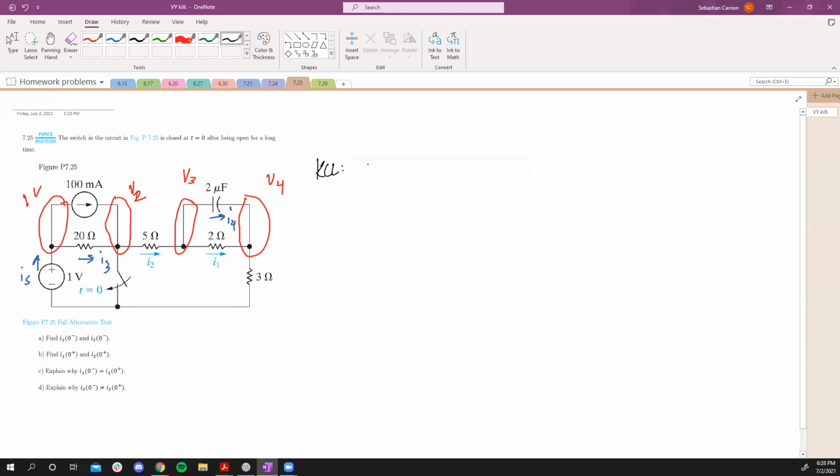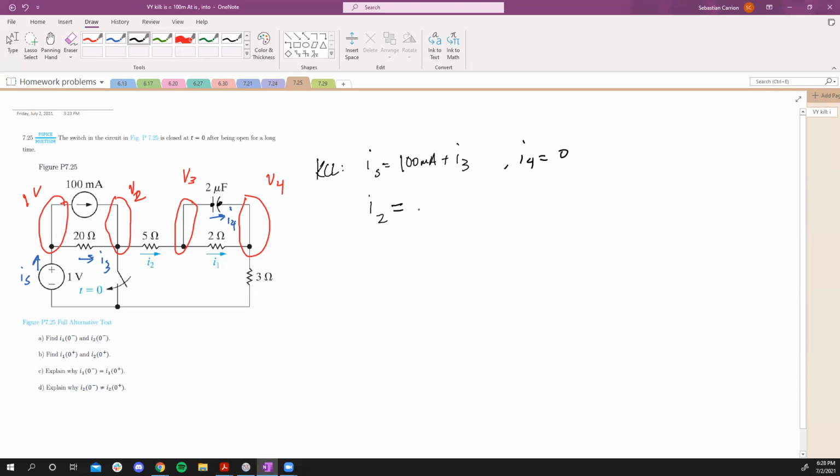KCL: IS is equal to 100 milliamps plus I3. One thing we want to note is that since this circuit has been this way over a long period of time, we short circuit, so I4 is going to be equal to 0.